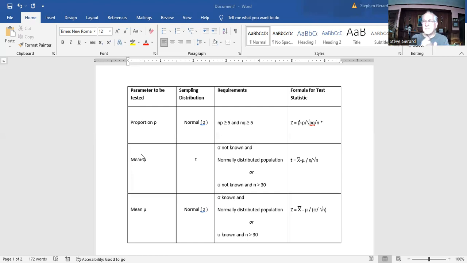Now, is that unusual? Well, compared to what we find normally on the island it is, but a proportion usually starts with a percentage. Typically proportions are used with dichotomous data, whereas means are used with continuous or discrete data.